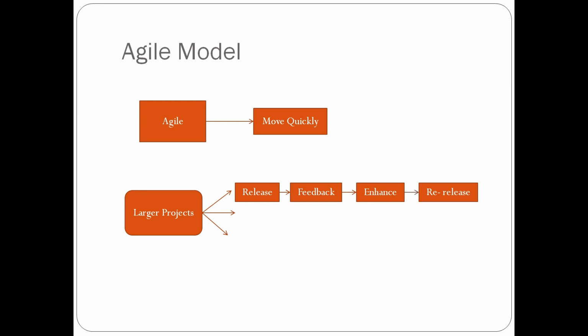So the agile method uses the move quickly funda. I will give you an example: if you want to buy a new laptop, you will look at the latest configuration or latest version to buy it, right?